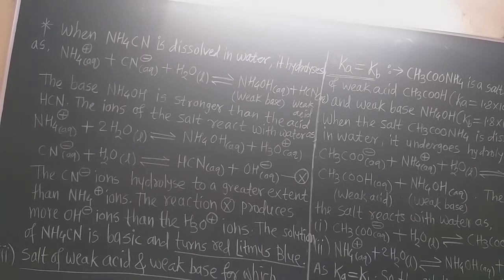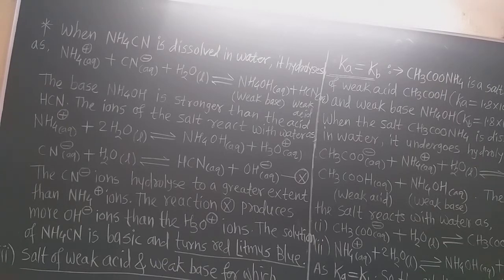That means the CN- ions, cyanide ions, get more hydrolyzed than the ammonium ions. NH4OH is slightly stronger than HCN, and therefore the NH4+ ions undergo less hydrolysis than the CN- ion.